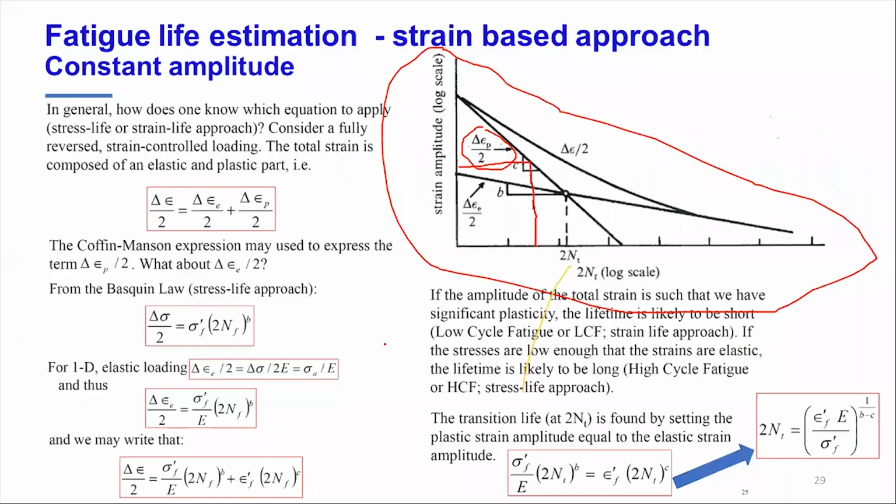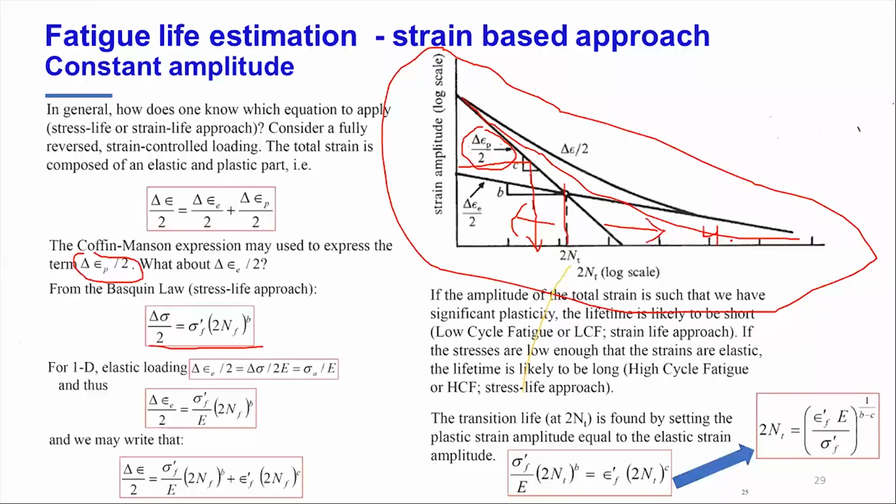So what Coffin-Manson said, Coffin-Manson was bothered about this plastic zone, but this is something which is coming from Basquin, because if you take this complete curve, what we saw, the SN curve, it is made of this low cycle fatigue here, and it is also made of high cycle fatigue here.